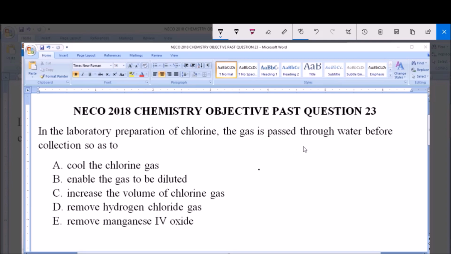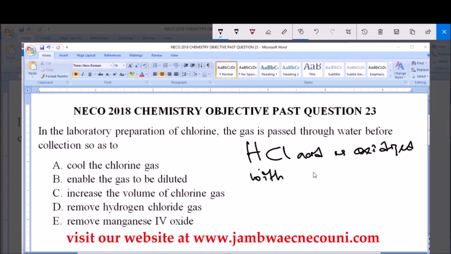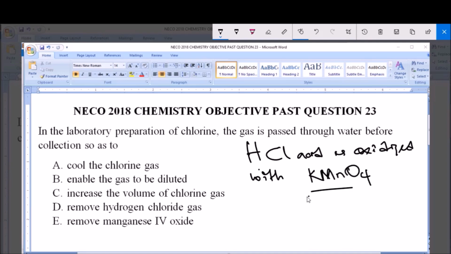hydrochloric acid is oxidized using potassium tetraoxomanganate VII. So hydrochloric acid, HCl, is oxidized with potassium tetraoxomanganate VII, that is KMnO4.